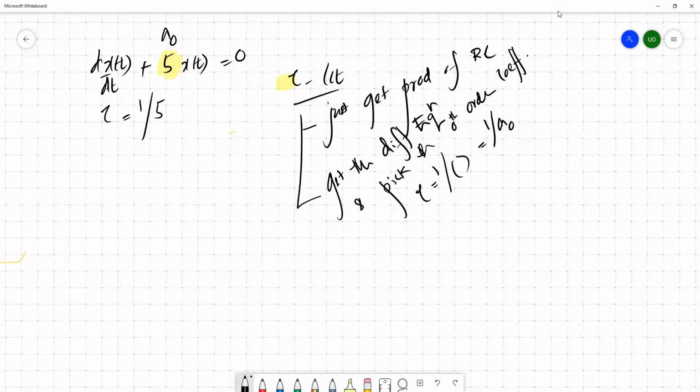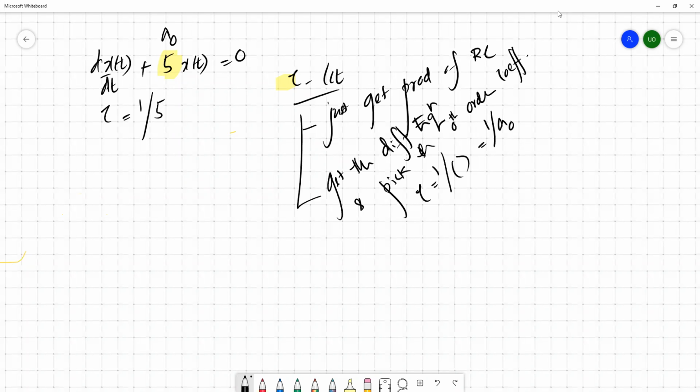So there may be certain circuits where you can easily find the R value and C value. For those, if you are asked to evaluate the time constant, there's no need to get the differential equation, just take the product of R and C. Sometimes if you have multiple resistors and capacitors, and you don't find a way to reduce them to a single capacitor and resistor, you cannot find the equivalent resistance and capacitance.